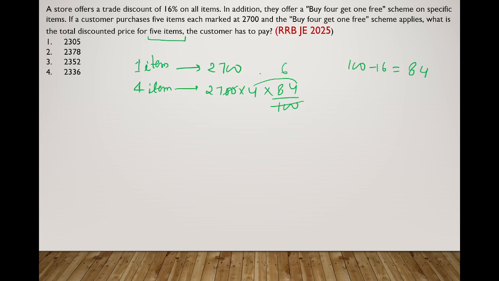4 fours are 16, 7 sixes are 42. So the last digit is 2. By applying the last digit we can find out the answer, because in some other exams the options are not available, but they give a simpler question or a calculator.